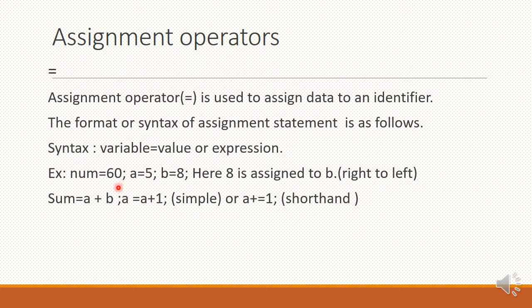That means you have to tell the computer which type of data you are taking, whether it is integer or float. If I have declared NUM as a float, then you have to write 60.6 or 60.8. If you want to take a point value, then you have to declare it as a float.